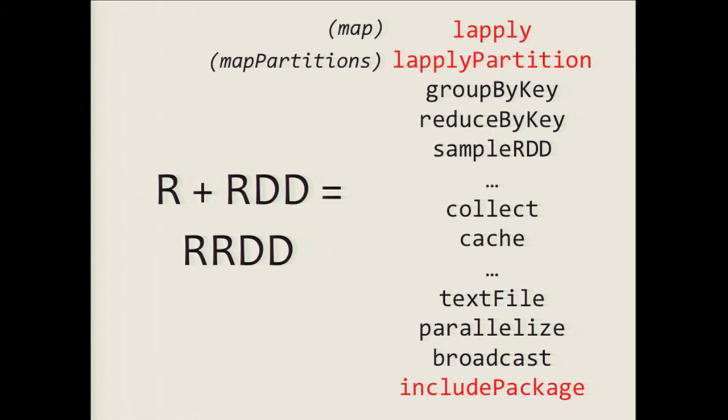For instance, text file is a function that takes in a Spark context and perhaps an HDFS location and just returns an RDD of strings. SparkR also supports the broadcast function, a notion in Spark where broadcast simply takes in a Spark context and a value, and pushes this value to all of the executor machines in your cluster.